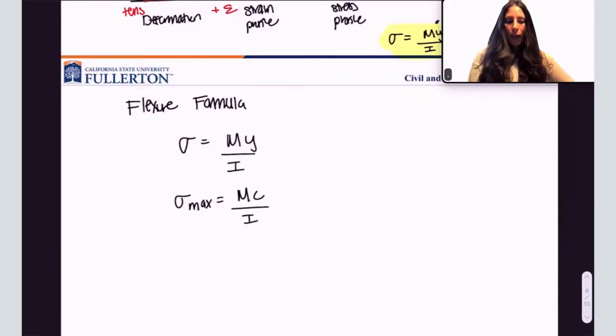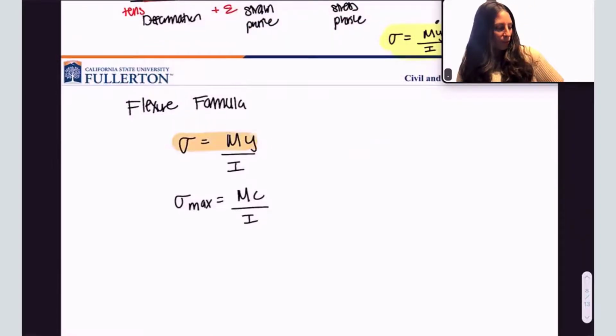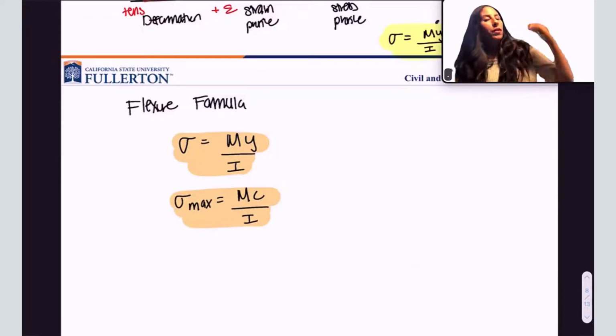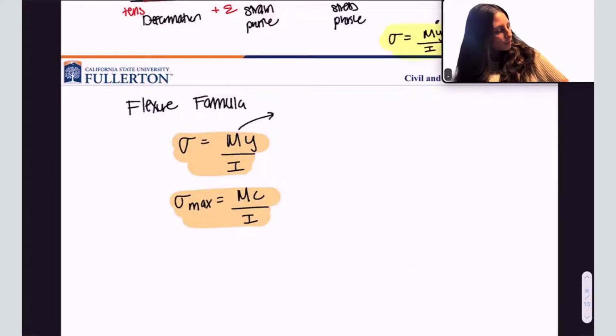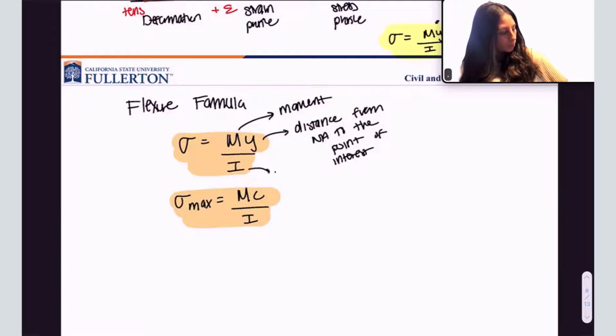So now we have derived, maybe we skipped a few steps, but we have the flexure formulas. Just to go over what each of these values are. M is the moment, y is the distance from the NA to the point of interest, and I is the moment of inertia.